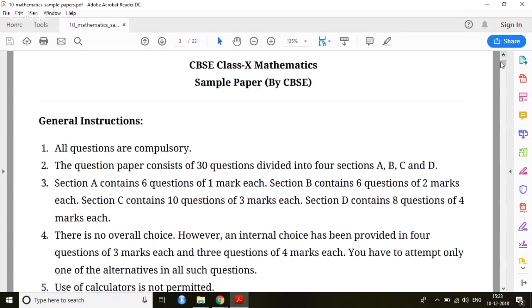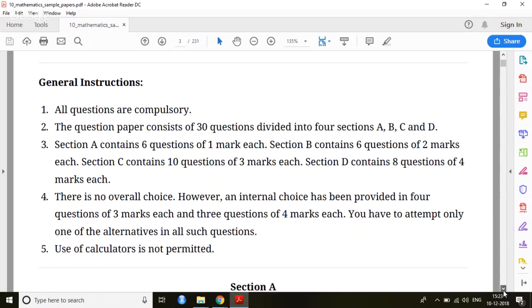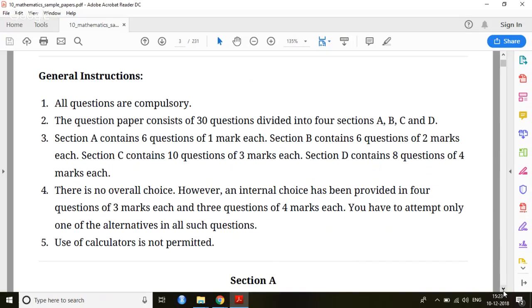Here are a few instructions that you need to read. Once you are done reading the instructions, I am reading it for you.